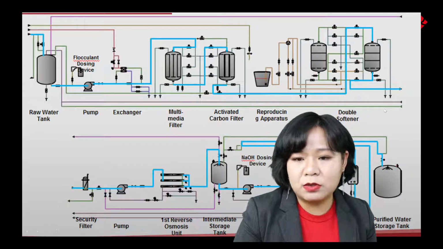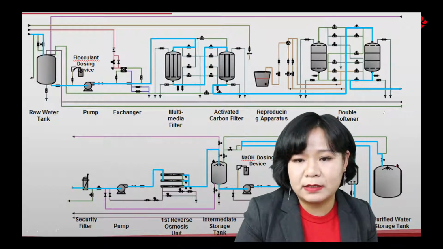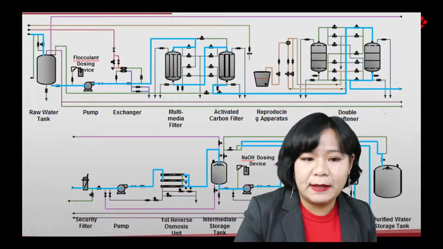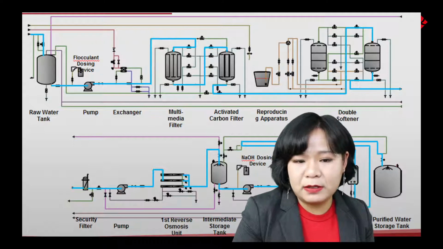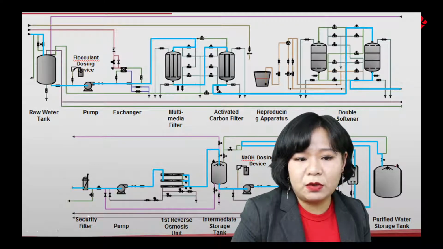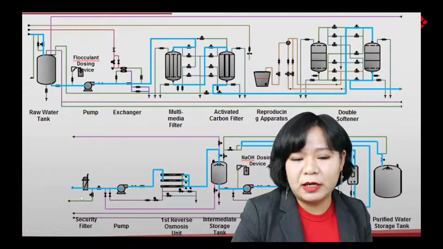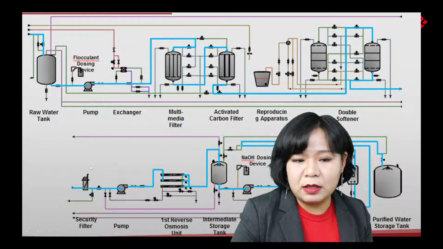Next, double softener. The softener here is to remove the hardness inside of the water. Okay, to make sure the water is ready for our membranes, we use the security filter. Here the security filter is a high precision filter to protect our membranes.